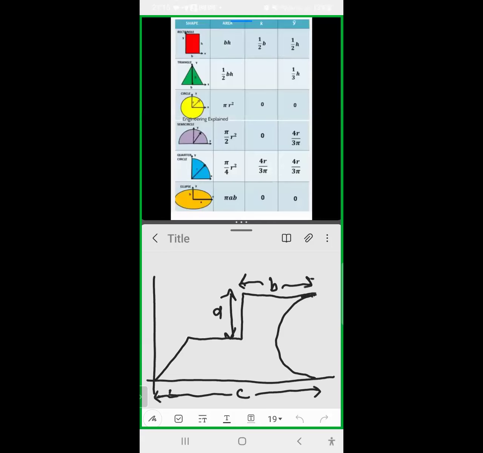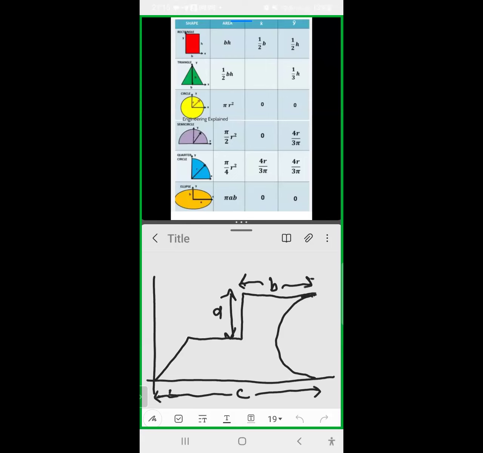In order for you to be able to find the center of mass of a system using areas, it's important that you familiarize yourself with this table that shows how to determine the areas of different shapes, together with the X and Y coordinates of the centers of mass.